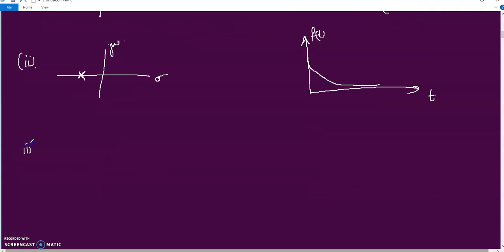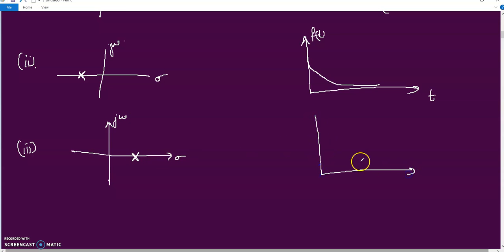Case 3, when the pole lies on the right half of the S-plane on the real axis. Then the f(t) will be an increasing exponential response.